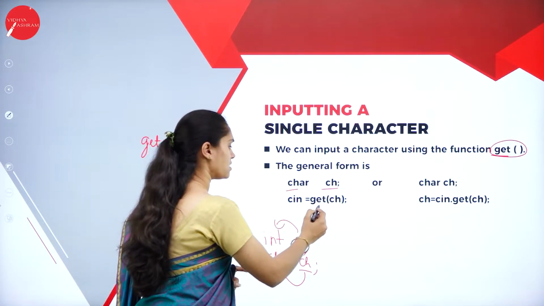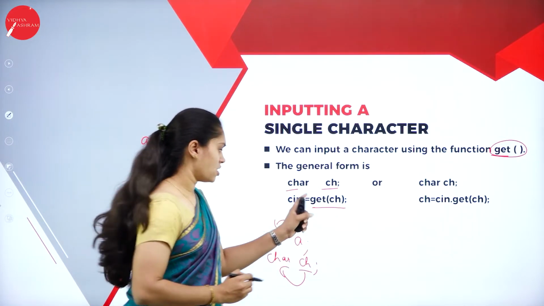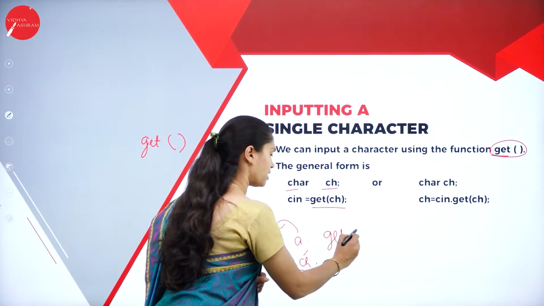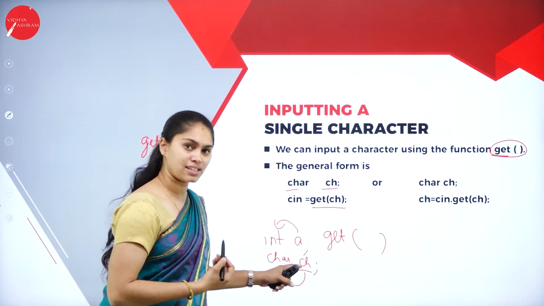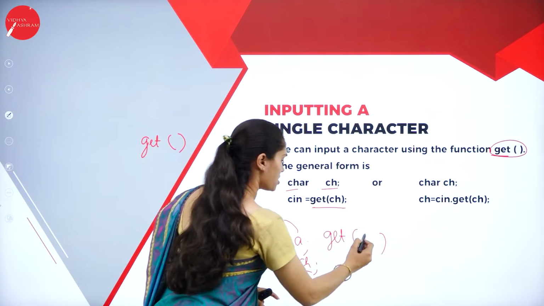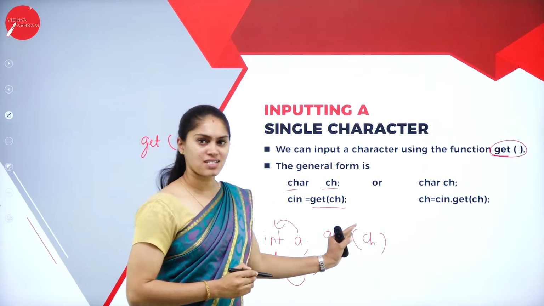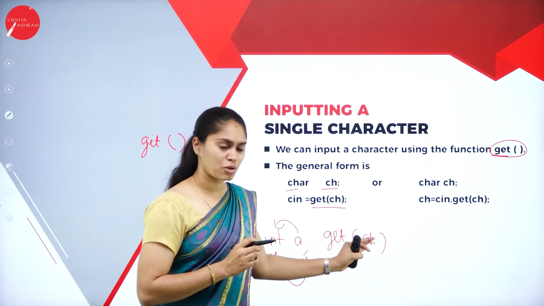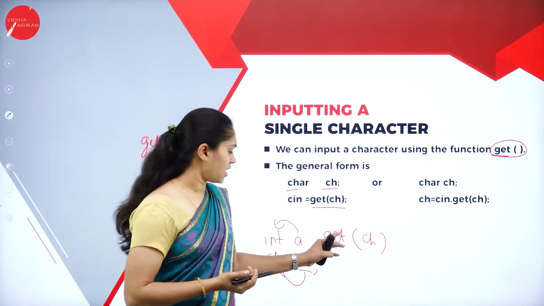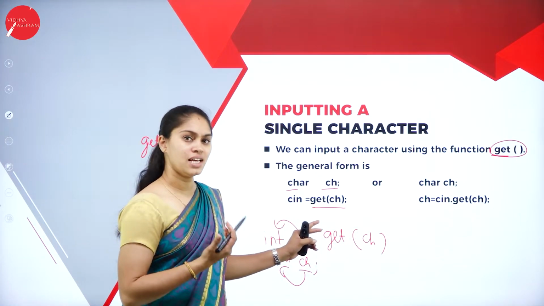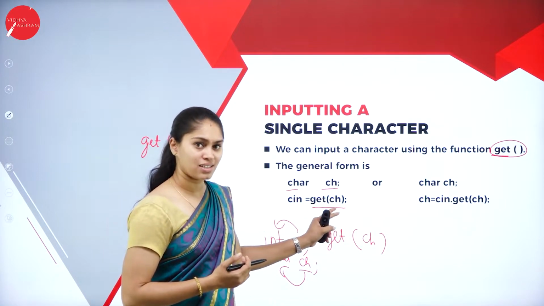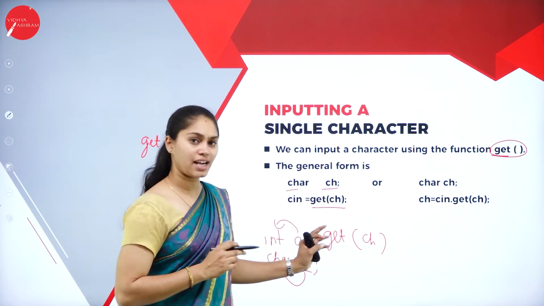Next, cin.get(ch). So get is a function. Within that, I am sending this character as an input. ch is the name of a variable and we are sending it as an argument to the function called get. Then cin is taking the input of this character with the help of this get function.